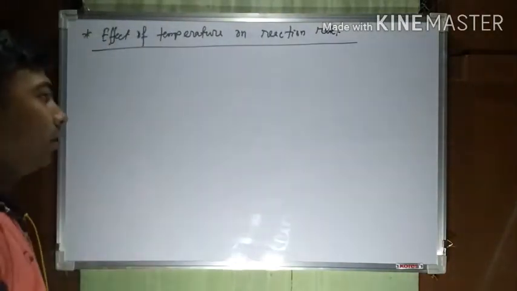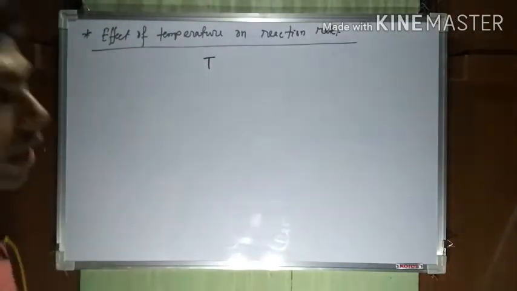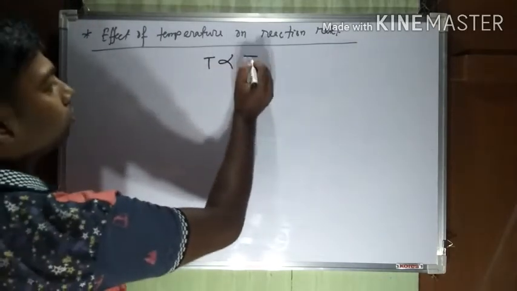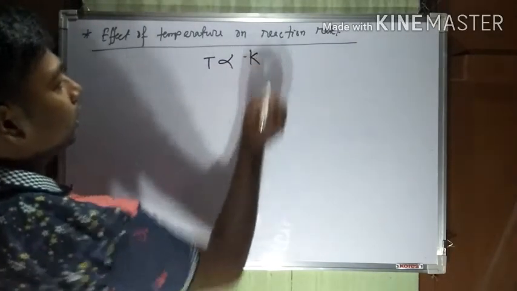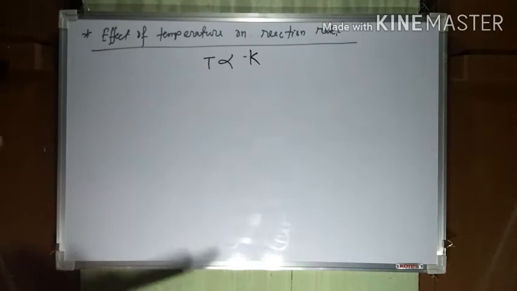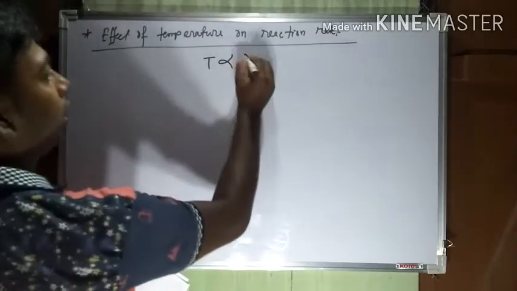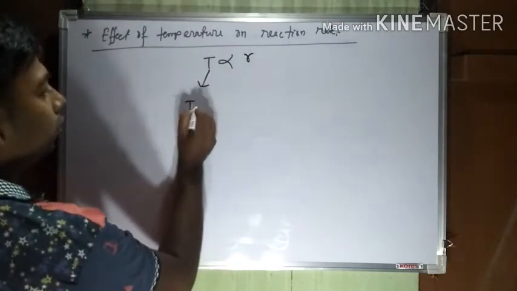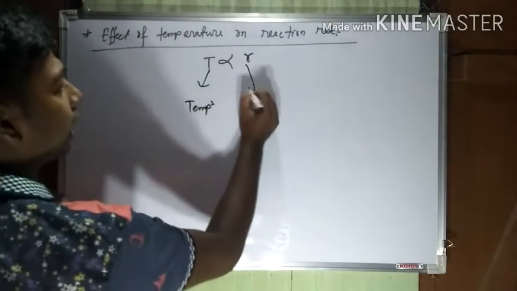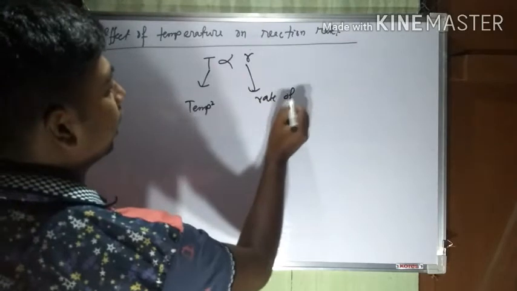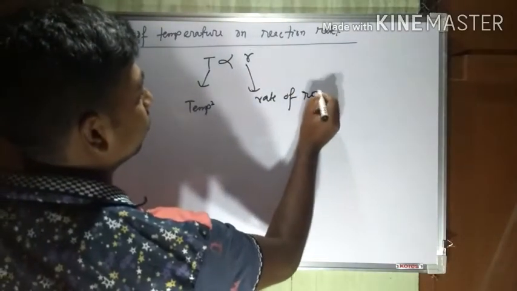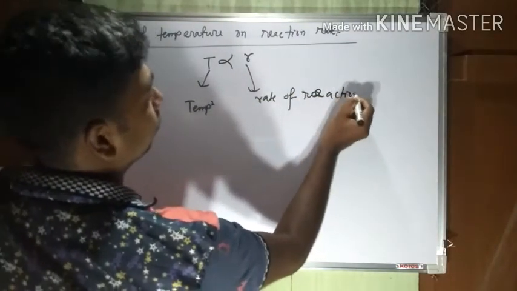Now see, temperature is directly proportional to the reaction rate. Wait, not K. Reaction rate is R, and T is the temperature. R is the rate of reaction.